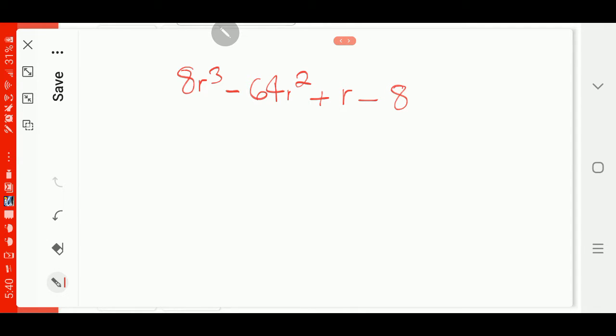Here we have a cubic with 4 terms, and we want to factor this out. We want to find the roots of this polynomial, and that's what factoring is.